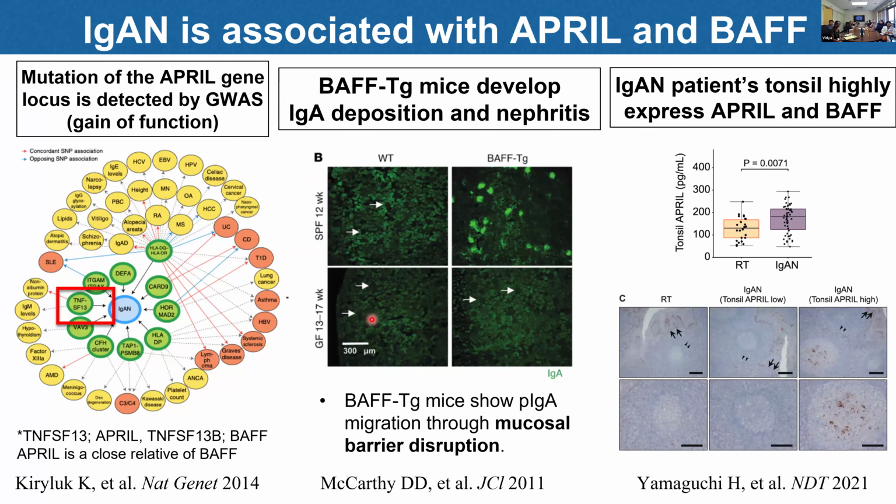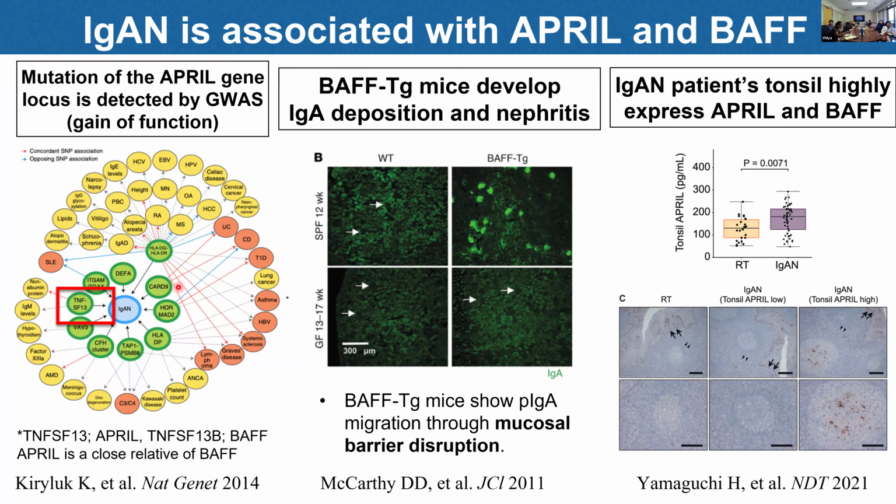The reason is that recent studies have reported that APRIL and BAFF are highly associated with the pathogenesis of IgAN. First, the large-scale GWAS study showed that mutation of the APRIL locus is detected in IgA patients. Briefly, GWAS is a method for comprehensively examining mutations across the genome using human patient DNA samples.